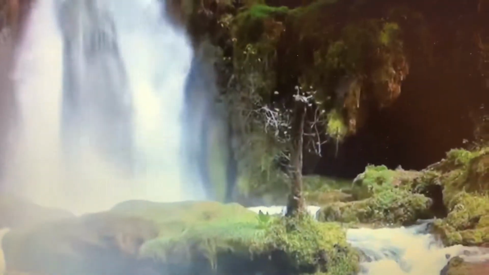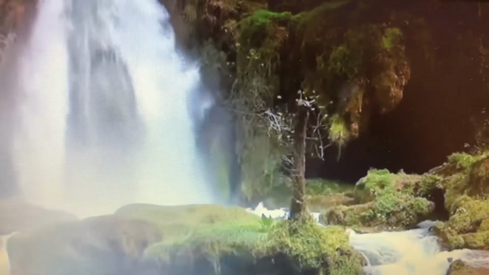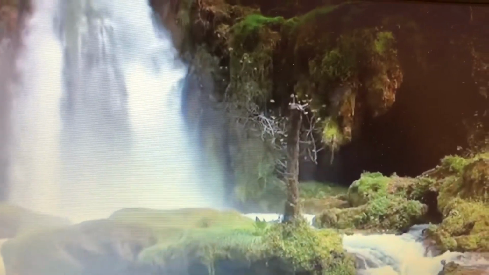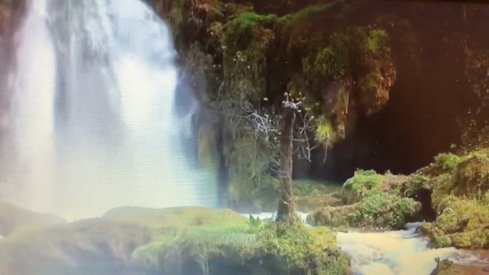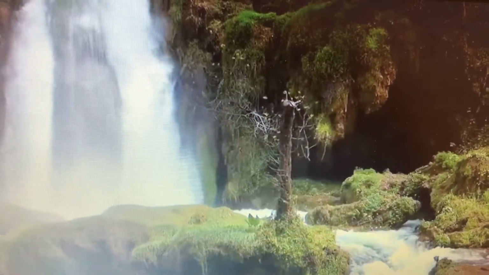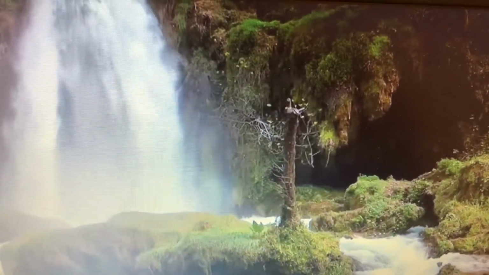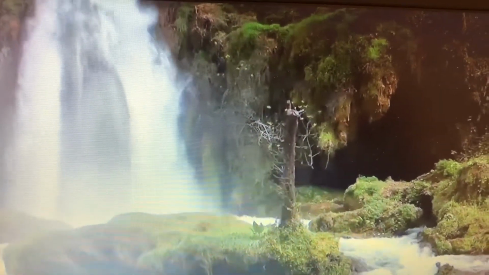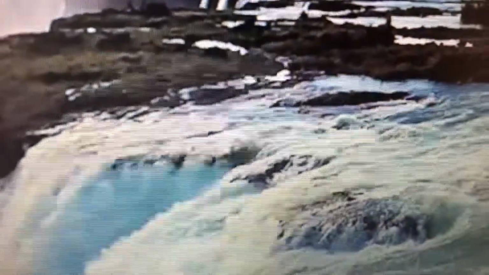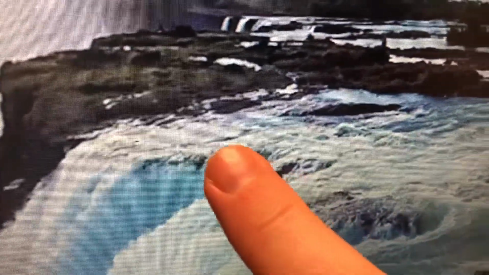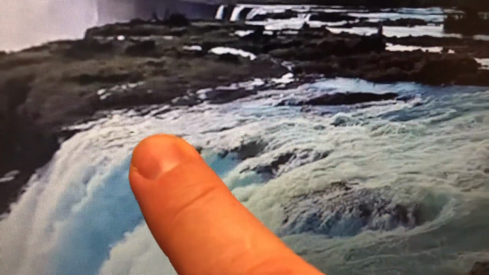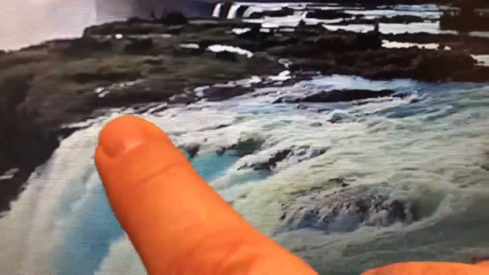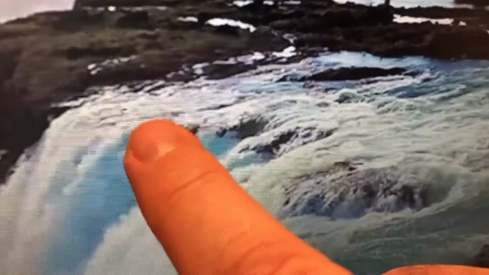So would that water falling be potential energy? It's moving, so it cannot be potential energy. But when the water is right there, ready to fall down before it started falling, that would be potential energy.